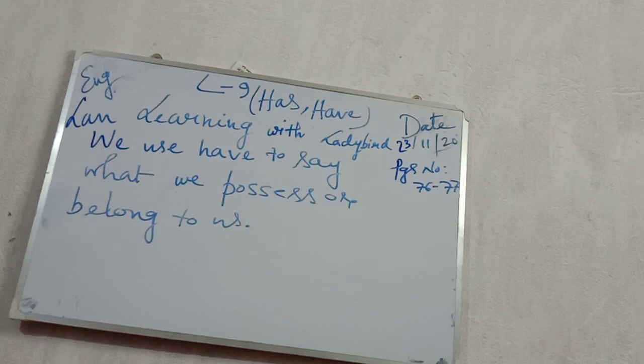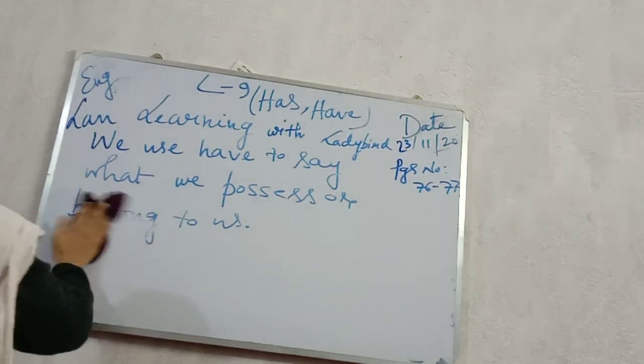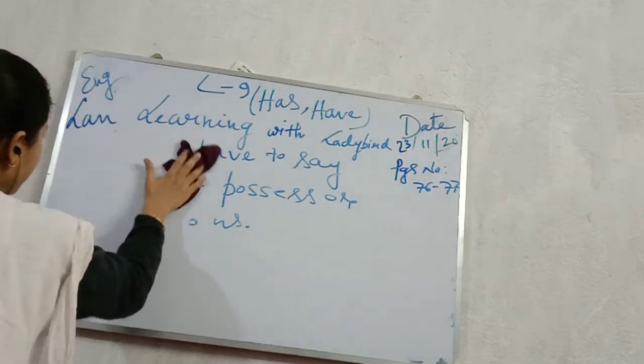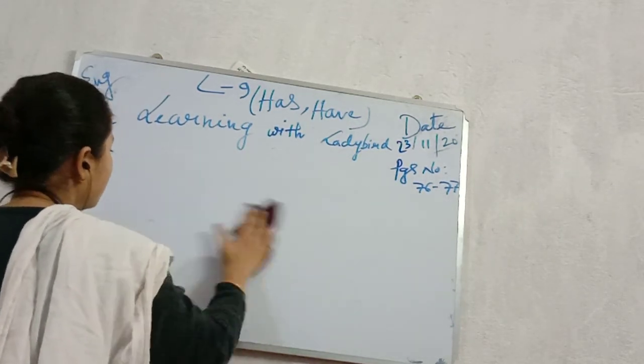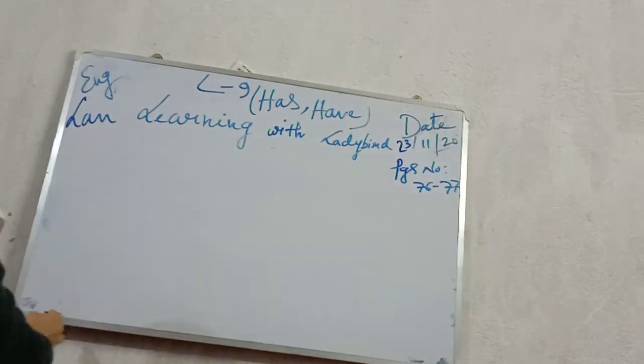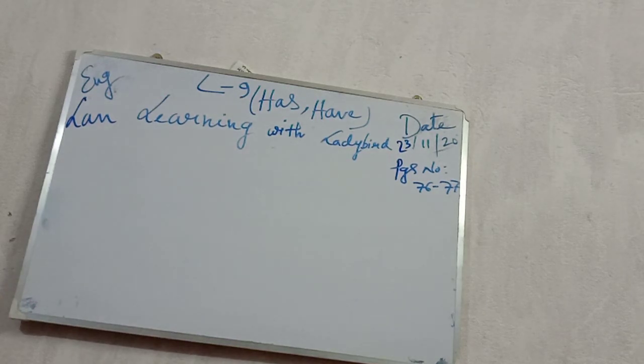Let me erase this, Learning with Ladybird. We have learned it at the beginning of the lesson. Now we will make a chart of using has and have with specific pronouns.